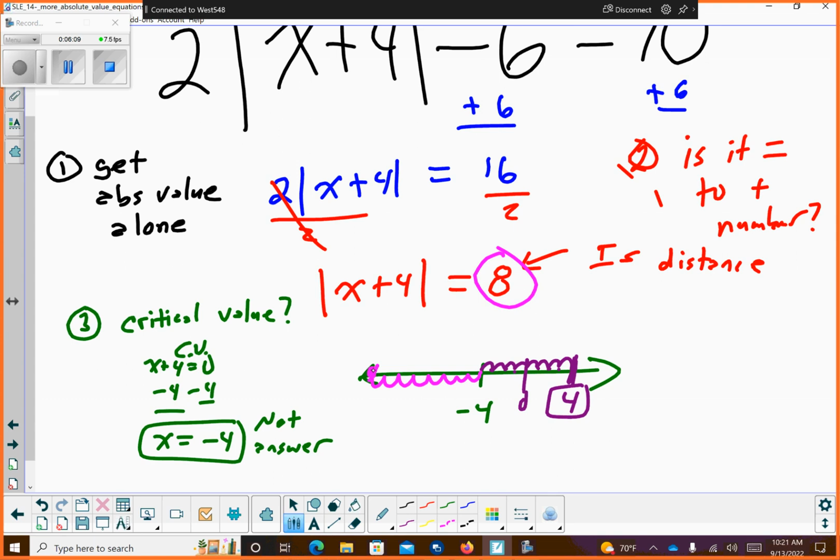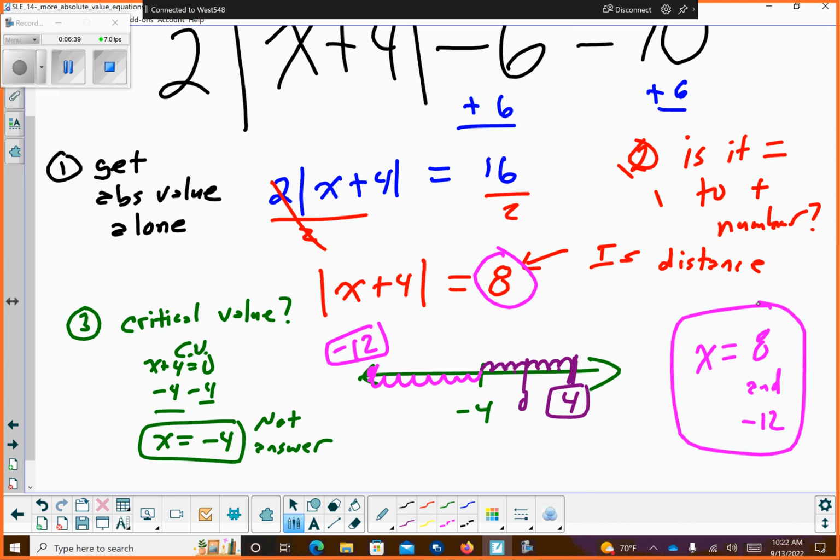Okay, so let's double check. -5, -6, -7, -8, -9, -10, -11, -12. So the answers to this question is x is equal to 8 and -12. Okay? So that is the deep meat and potatoes of everything. That would be like a big problem that we'd give.